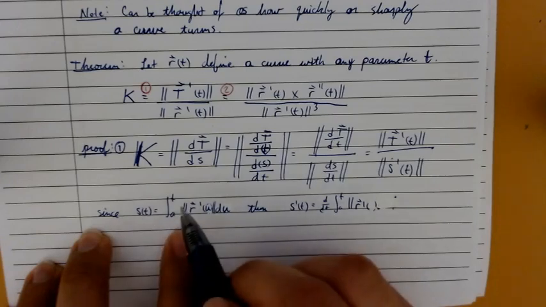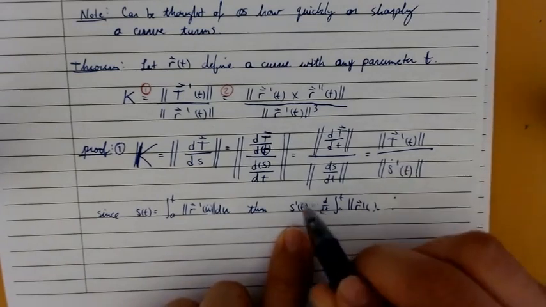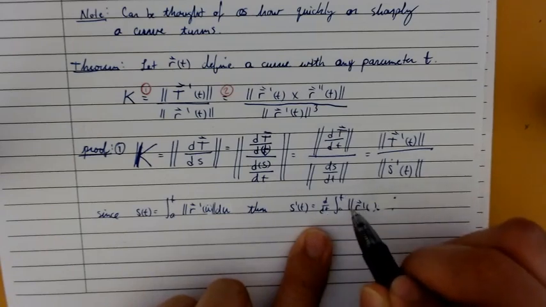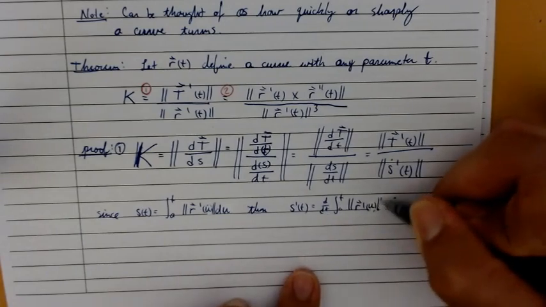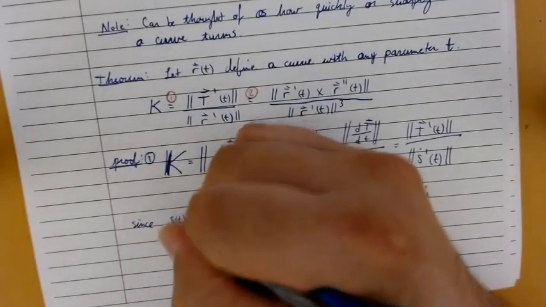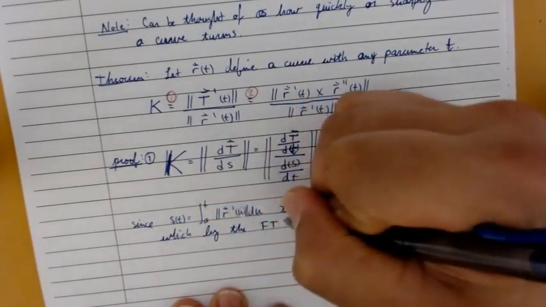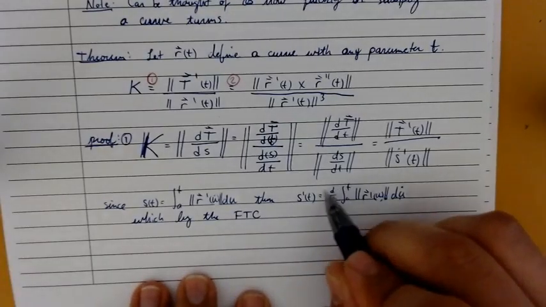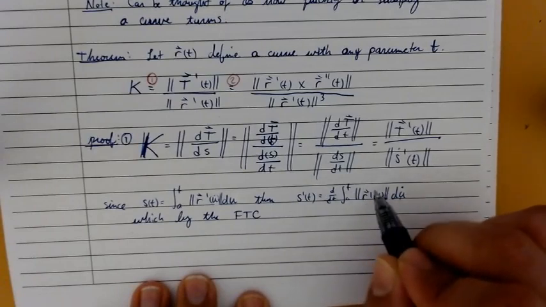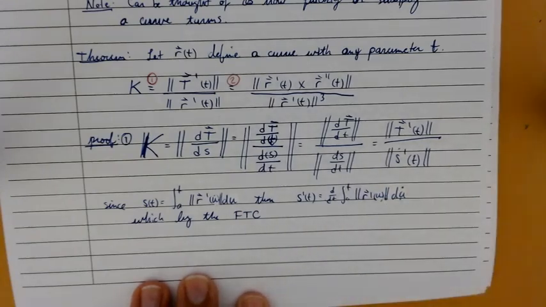that's our definition of the arc length function. Then taking the derivative of the arc length function, s prime, like what we have over here, is equal to the derivative with respect to t of the integral from a to t of the magnitude of r prime of u du. But then by the fundamental theorem of calculus, the derivative with respect to t of the accumulation function of this integrand is just that integrand with that upper bound evaluated in place of the argument.